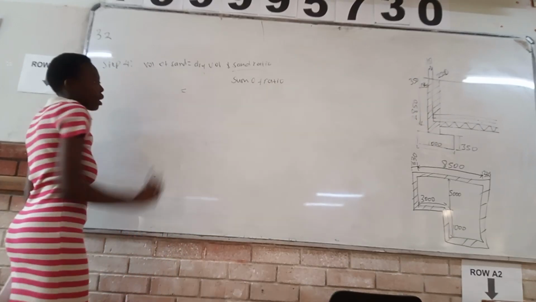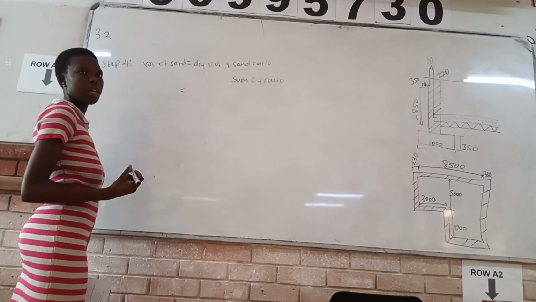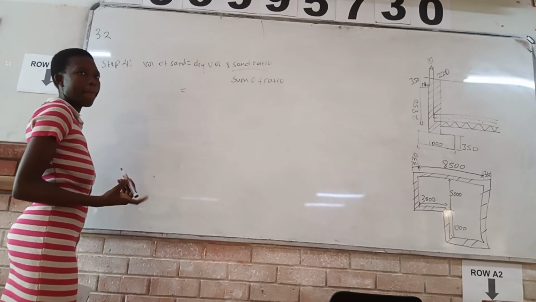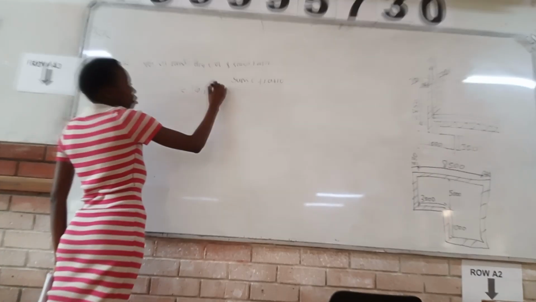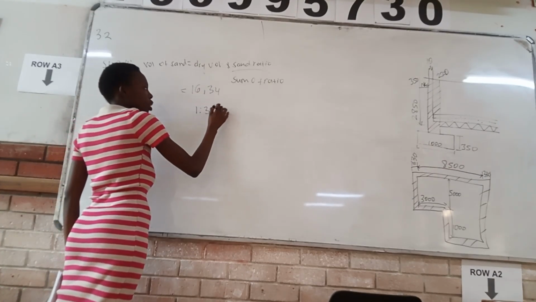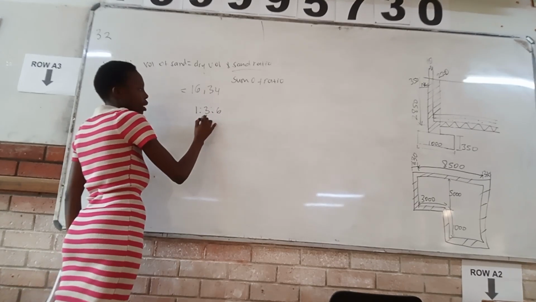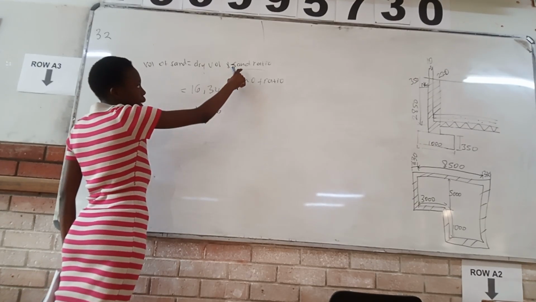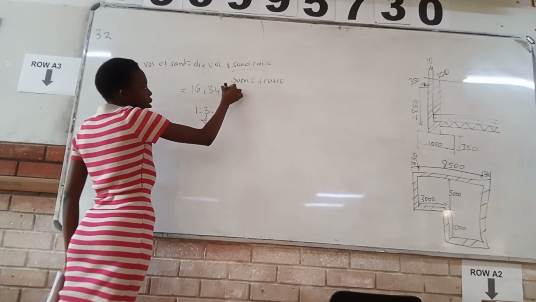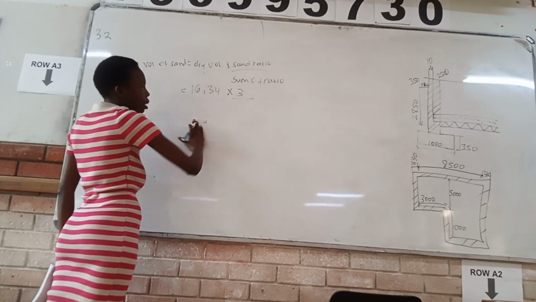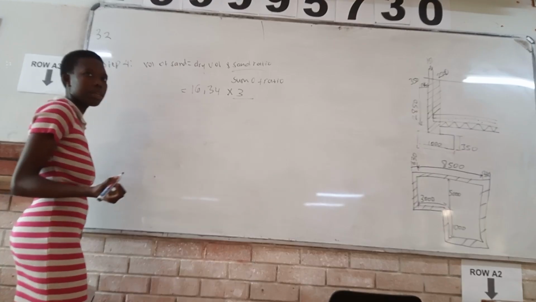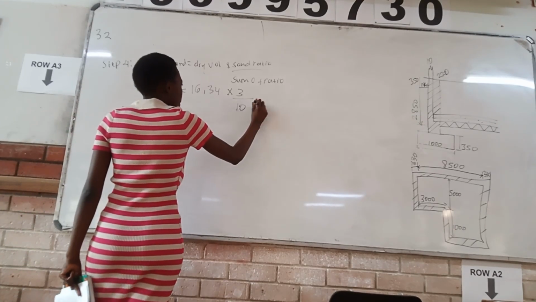So dry mix volume is 16,34. We have a ratio 1:3:6, and sand is 3. So what about the sand ratio? It is 3, and then we divide by sum of ratio. What do we get?